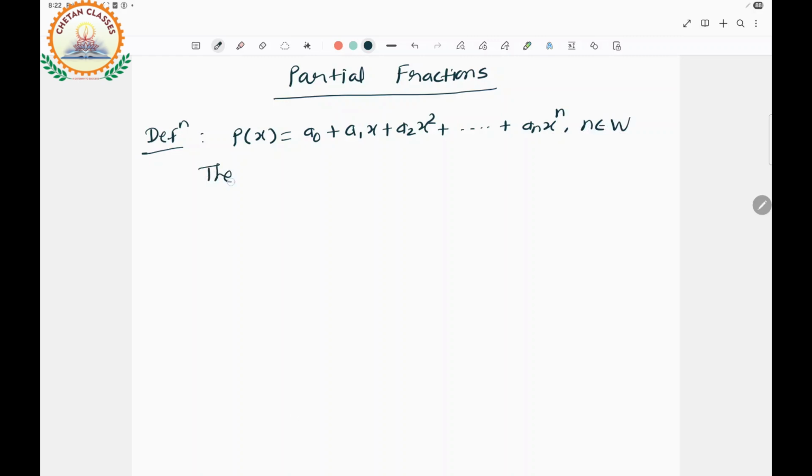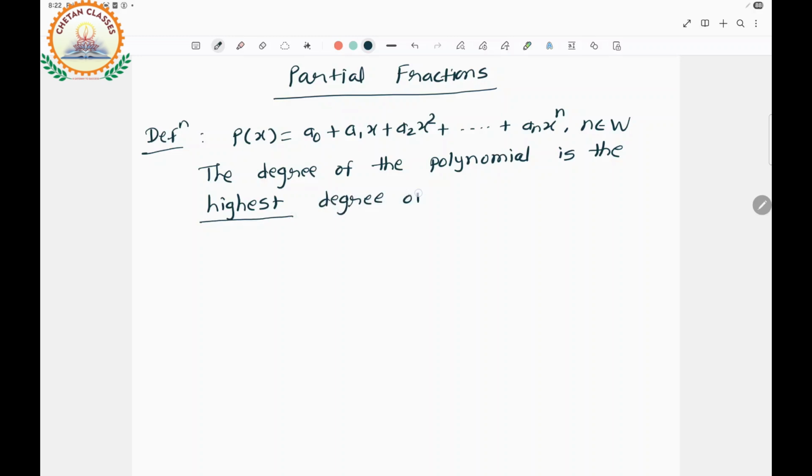The degree of the polynomial is the highest degree of the term involved in the polynomial.